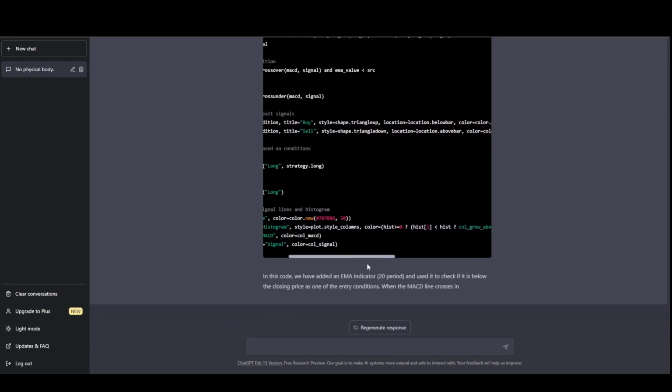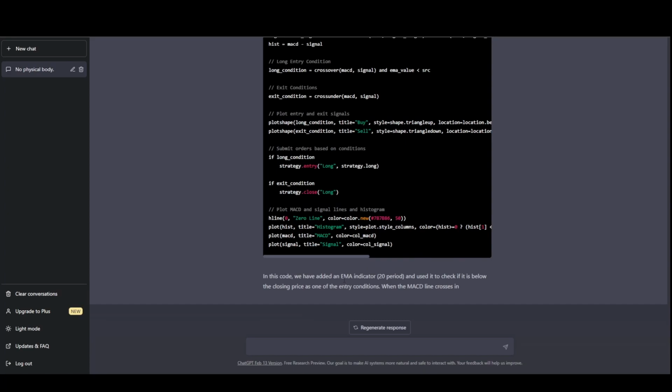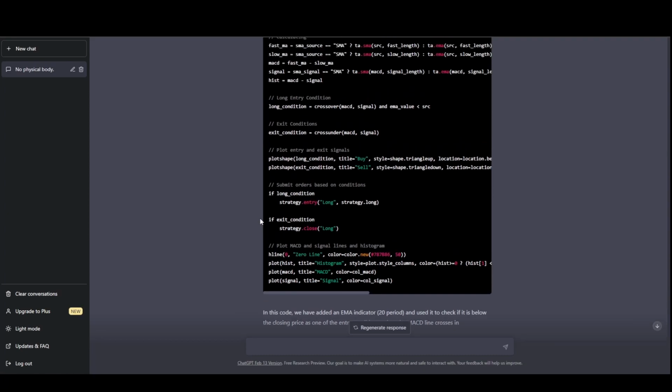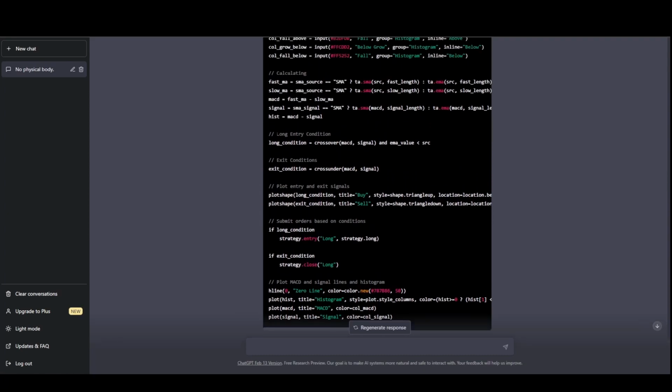In this code we have added an EMA indicator, 20 period, and used it to check if it is below the closing price as one of the entry conditions when the MACD line crosses. I am not sure, because the long condition equals crossover MACD signal and EMA value.